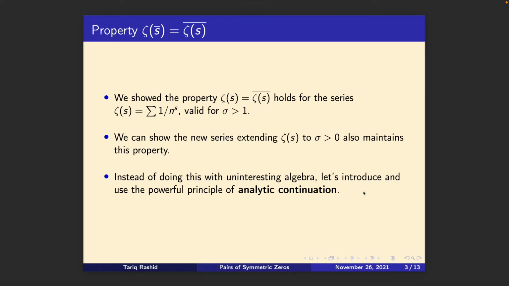So previously we showed that this property here holds for the first series that we explored, the sum of 1 over n to the s. Remember, that's valid for real part sigma more than 1, and this property was what we called almost symmetric.